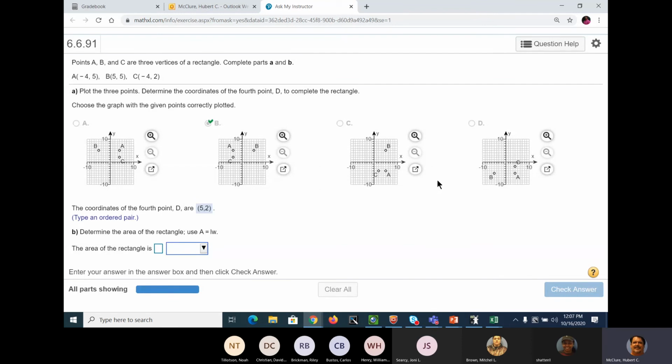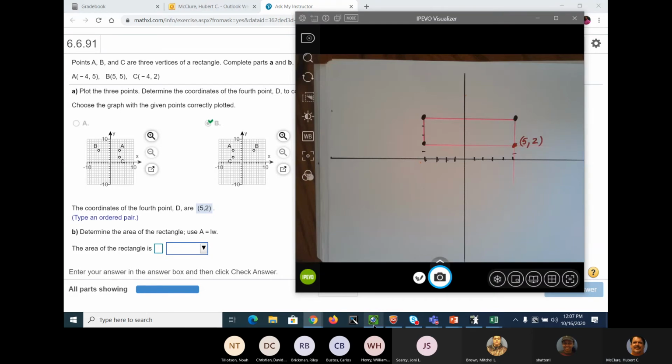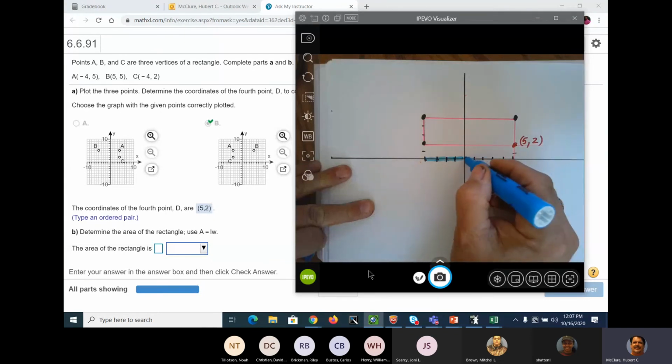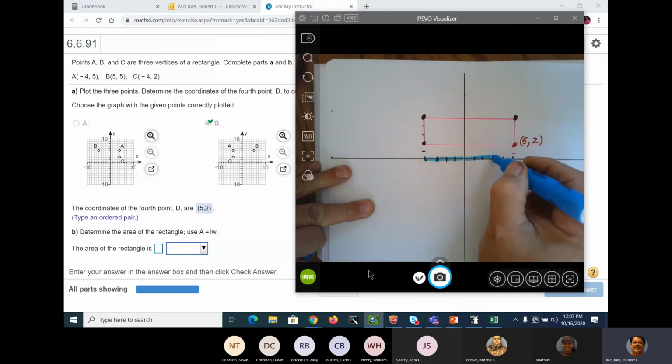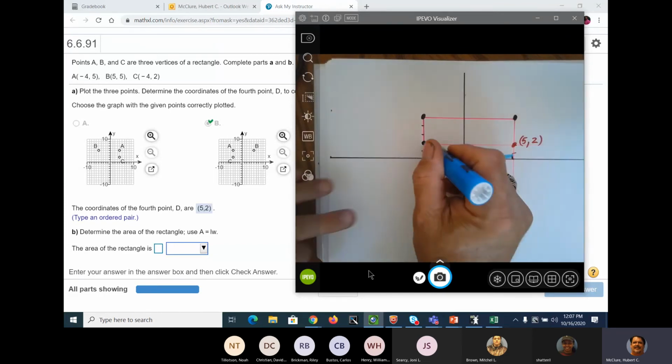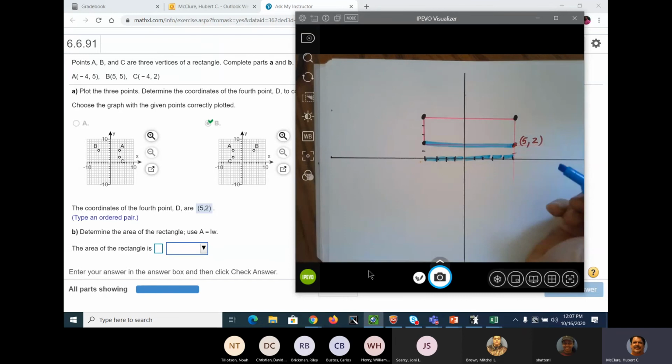The area of the rectangle, length times width. So let's count. What is the bottom? 1, 2, 3, 4, 5, 6, 7, 8, 9. So the bottom is 9 units long.